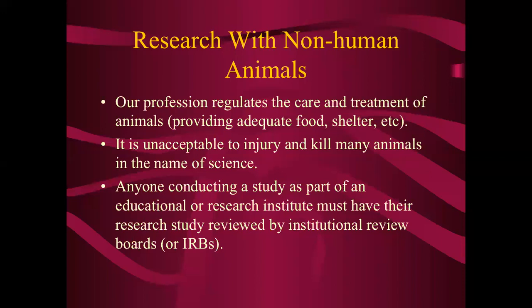So it's similar to the IRB, but it's designed to make sure animal research follows the general laws of the state or country, as well as the general ethical principles set forth in our ethics code. So I'm sure many of you probably have not given that much thought as to when animals are used for research, how much consideration is given.